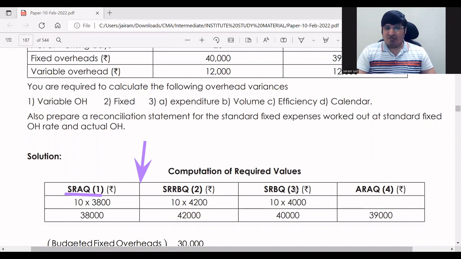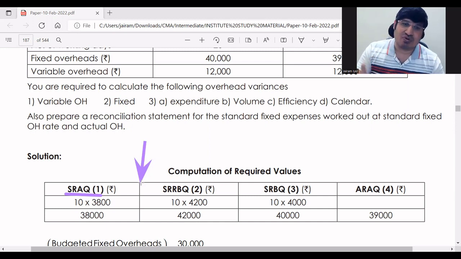This will be number 4 and this will be number 5 normally. But they have not shown that second one, the standard rate into standard quantity, because the capacity variance is not asked. But don't do that. Always keep the format fixed so you will not get confused.